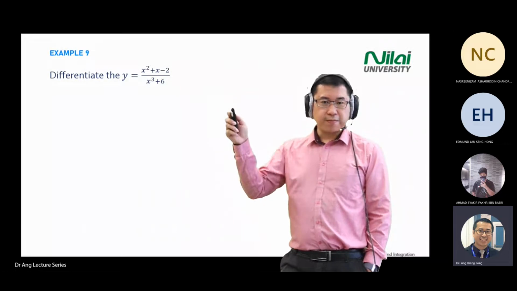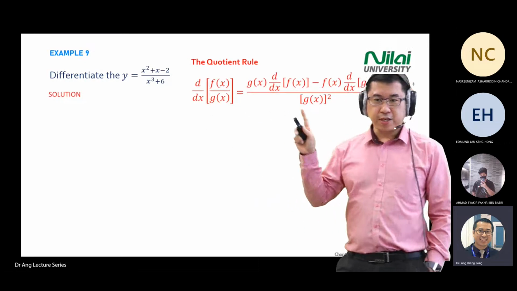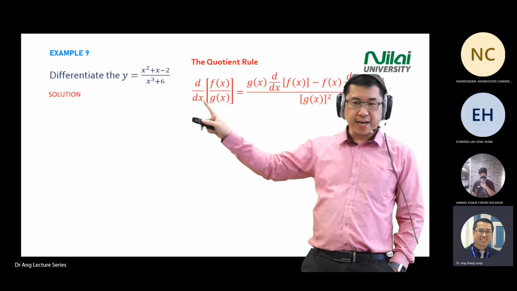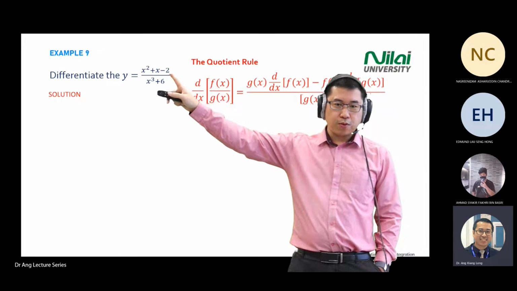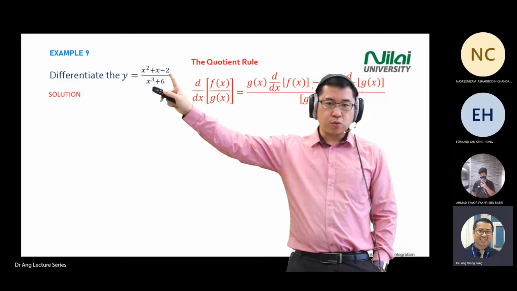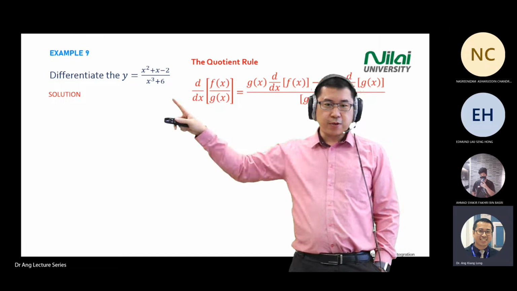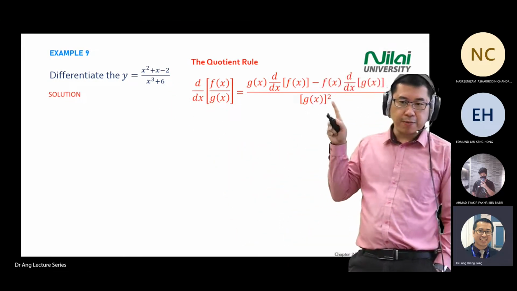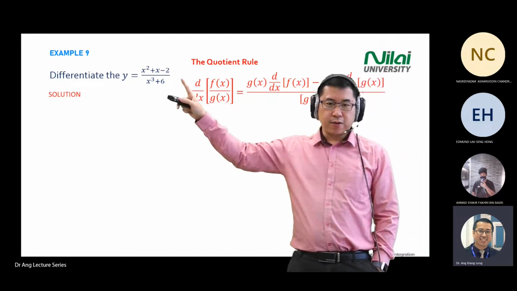So you look at the question, copy the general equation, this one. You compare side by side, the red color and the blue color. You can see that f x equals the top one. So f x equals x squared plus x minus 2. Then g x equals x power 3 plus 6. Then the rest is just application of this formula. G x, you substitute this one over here.